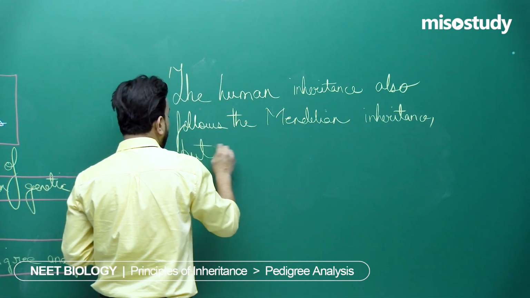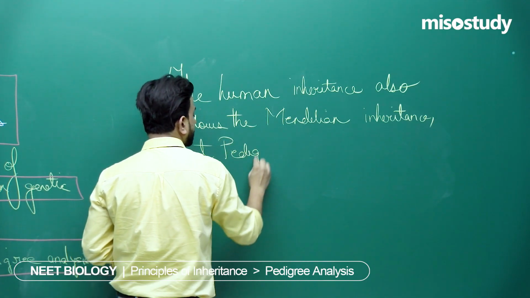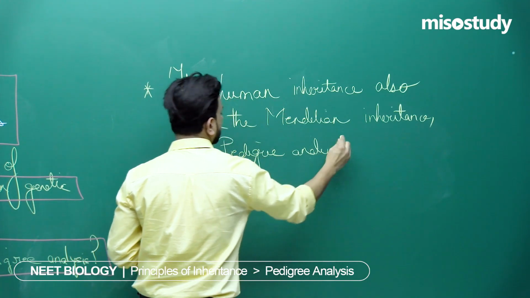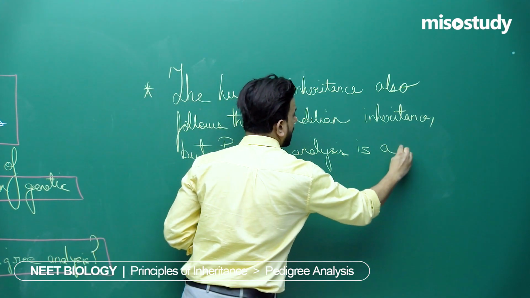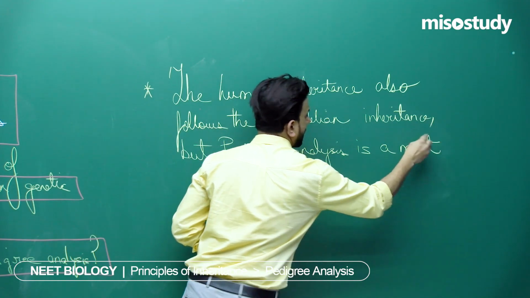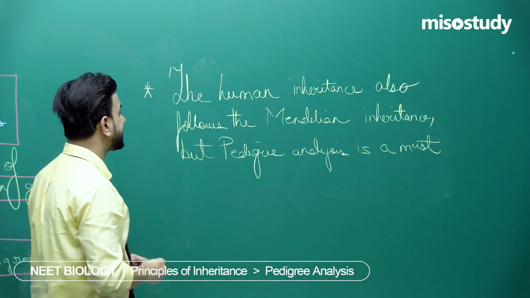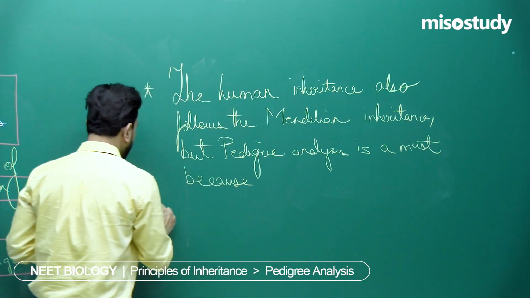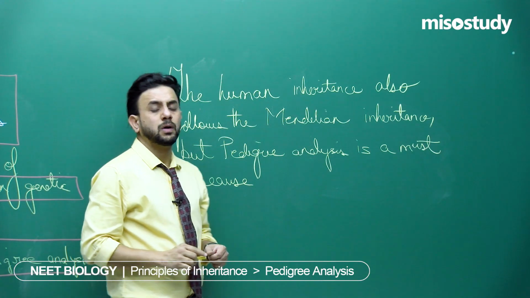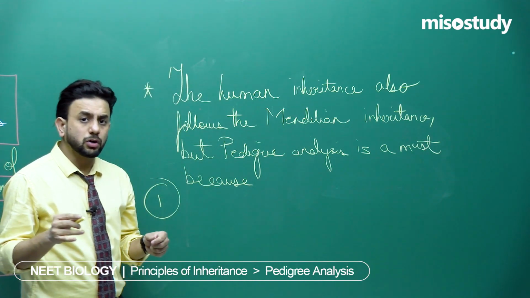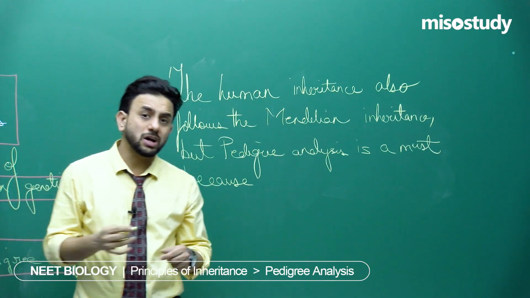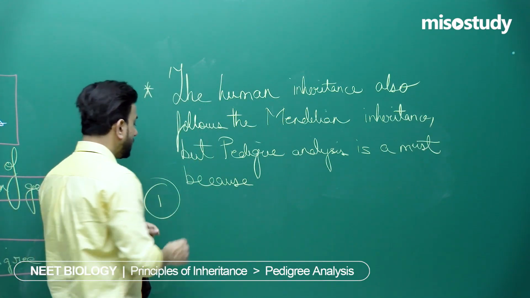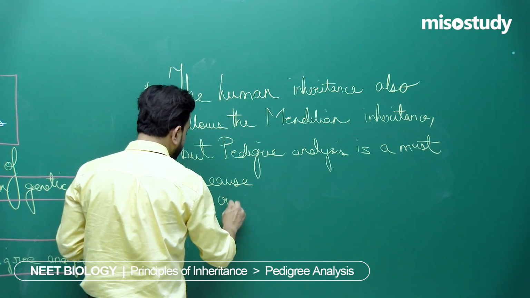But pedigree analysis is a must, right? But pedigree analysis is a must because number one, the crosses in humans are controlled crosses, okay?